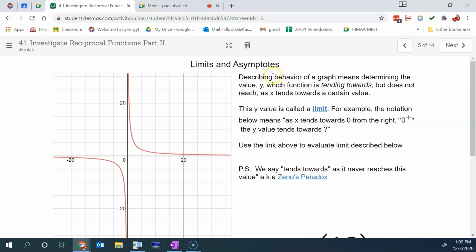What's the y coordinate doing as we start moving in different directions on this graph? Okay, so the behavior is described using a value, a number, but you know that it gets close to it, but it never touches it. Okay, and that concept is known as a limit.